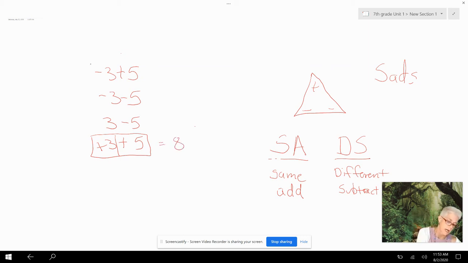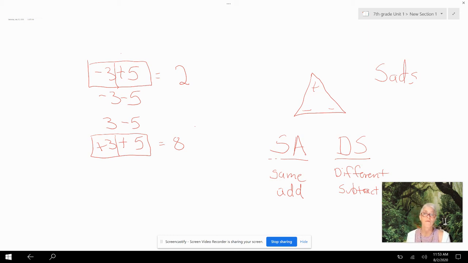Going back up to the top, again, I want you to just notice my strategy of boxing things in. You can see that my signs are different. I have a negative and a positive, so I'm going to subtract. I'm not going to subtract 3 minus 5. I'm just going to ignore the signs, and I'm going to say 5 minus 3 is, and the answer is 2. Then I'm going to look back at my numbers, and I'm going to say, do I have more positives or do I have more negatives?